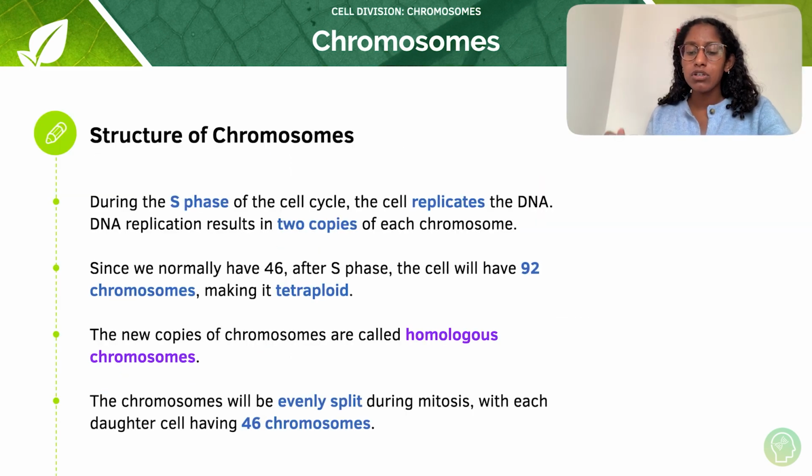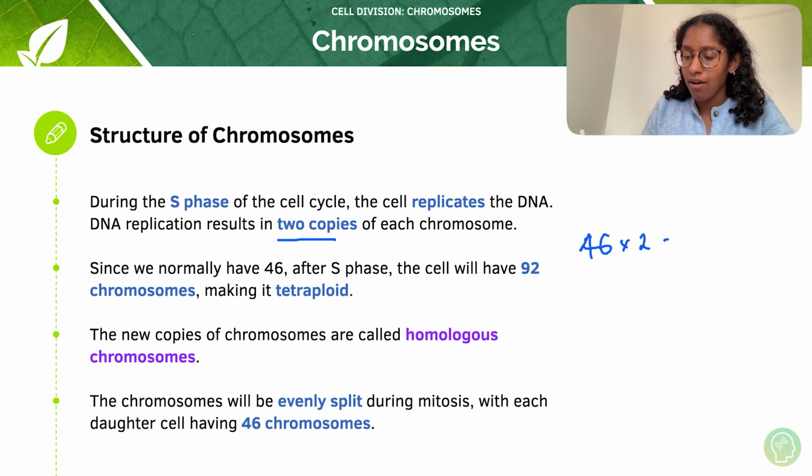Okay, so during the S phase of the cell cycle, the cell replicates the DNA, and DNA replication results in 2 copies of each chromosome. So since we normally have 46, after S phase the cell will now have 46 times 2, which is 92 chromosomes, making it tetraploid. And the new copies of chromosomes are called homologous chromosomes.